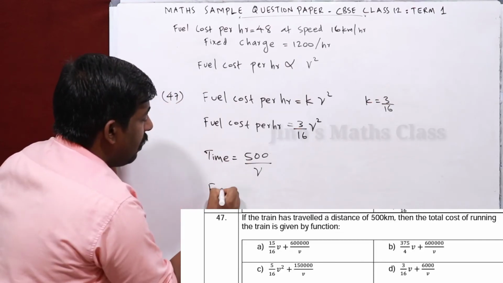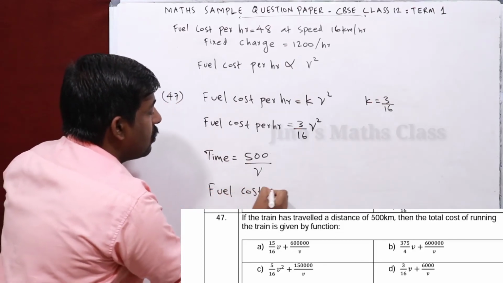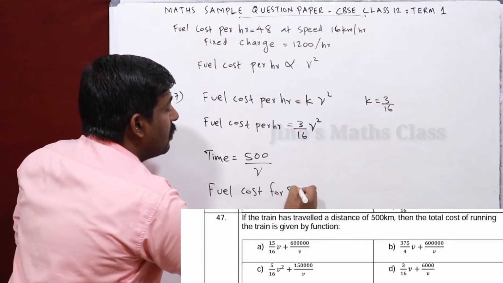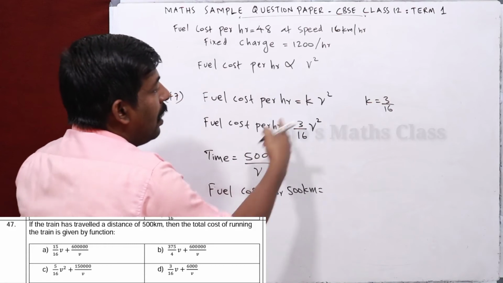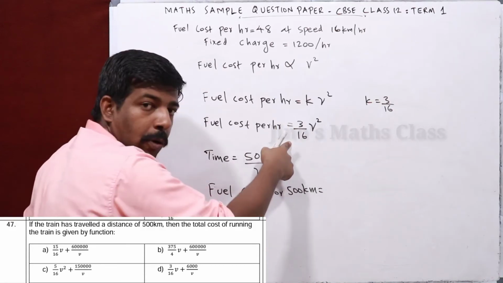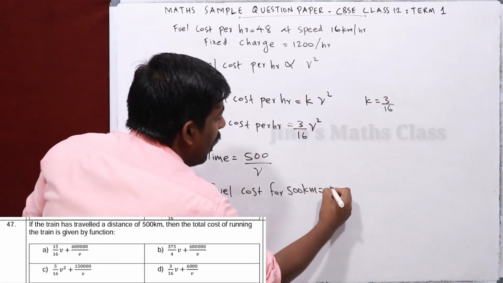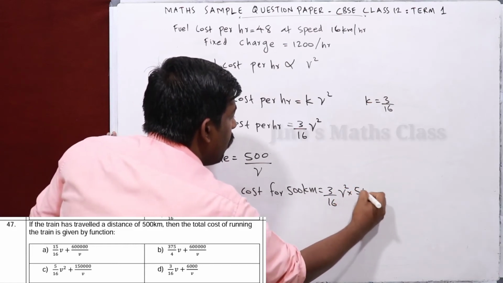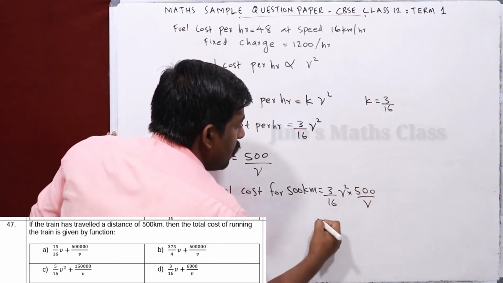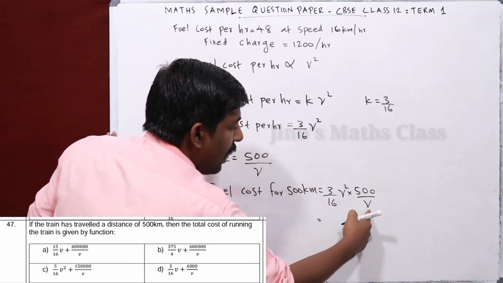That's why we can find the fuel cost for 500 kilometers. Here we got the time and this is the per hour cost, so we can just multiply. Then we will get 3 by 16 v square into 500 by v. From numerator and denominator we can cancel one v.